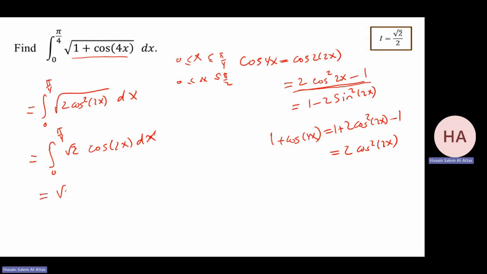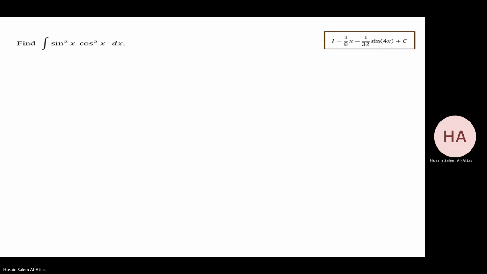That will be square root of 2 times 1 over 2 sine 2x, from 0 to pi over 4. Sine pi over 2 is 1, so that will be square root 2 over 2. But sine 0 is 0. That's it, and this is my answer.